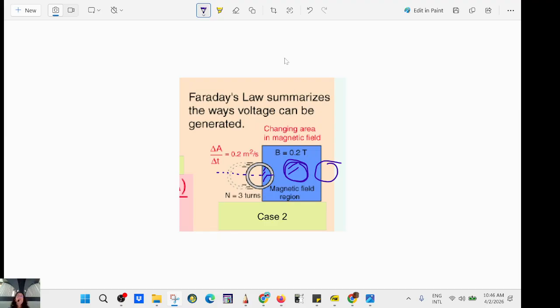So in that case, the EMF will be number of loops is 3, magnetic field does not change, 0.2 times the rate at which the area is changing, so times 0.2, which is 0.12 volt. But if it's inside here, there is no change.